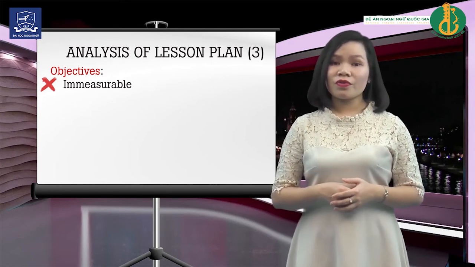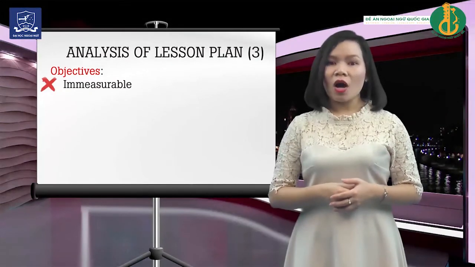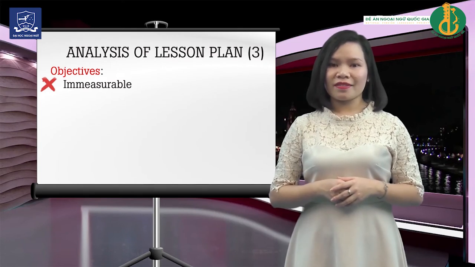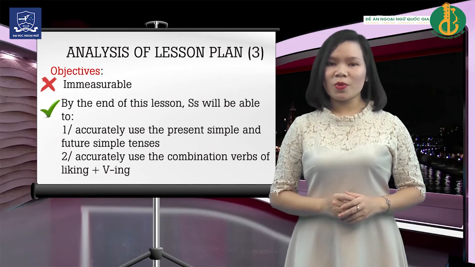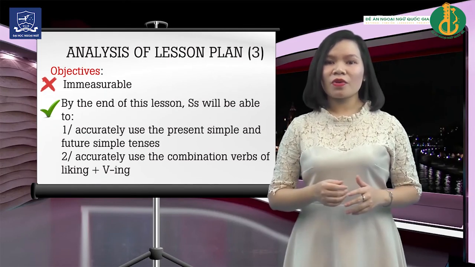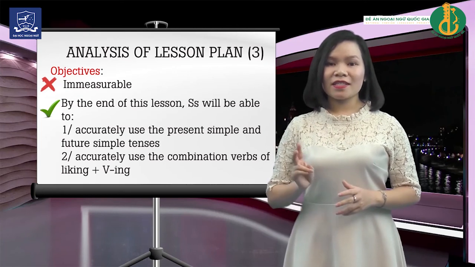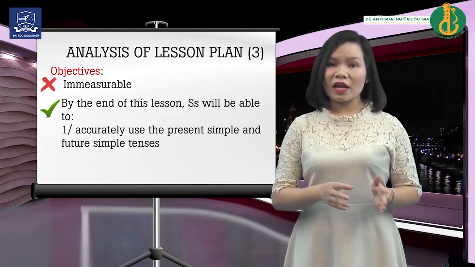Again, refer to the Bloom's taxonomy action verbs and make sure that the objectives are observable. This is a suggestion. By the end of this lesson, students will be able to, first, accurately use the present and future simple tenses. Second, accurately use the combination verbs of liking and verbing.